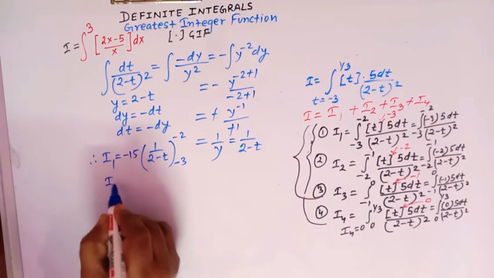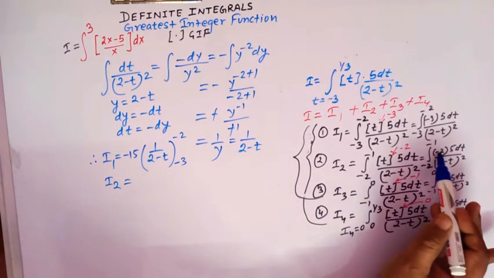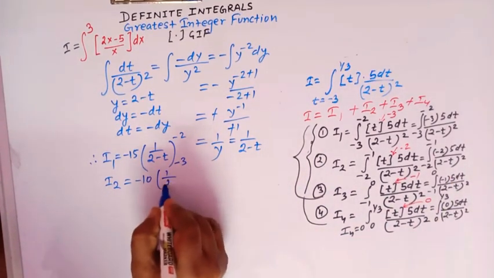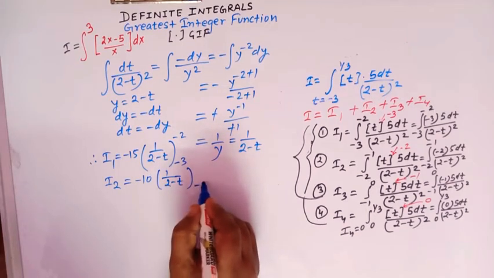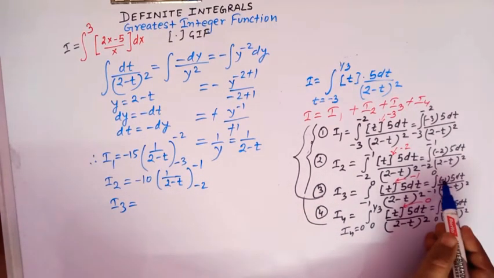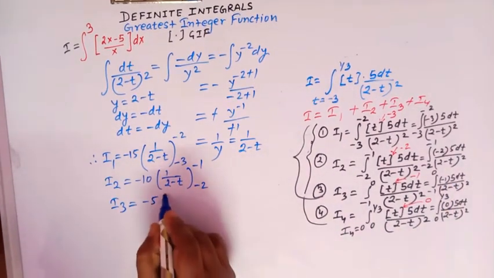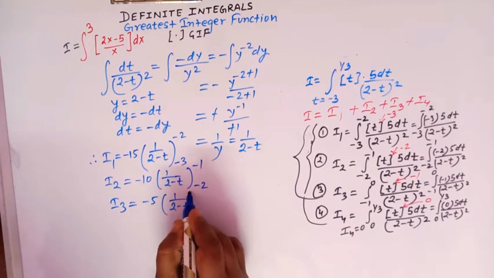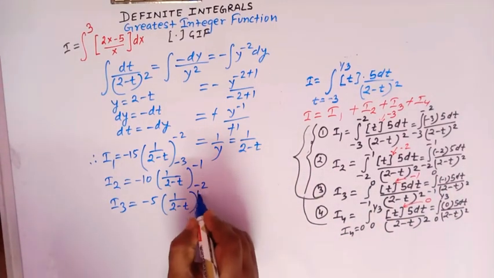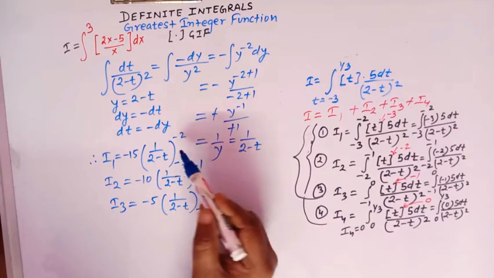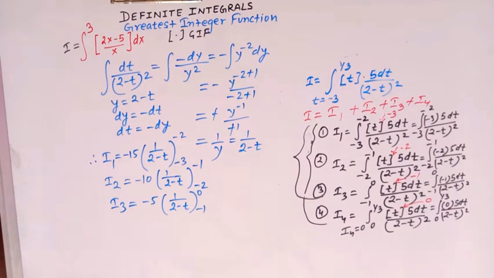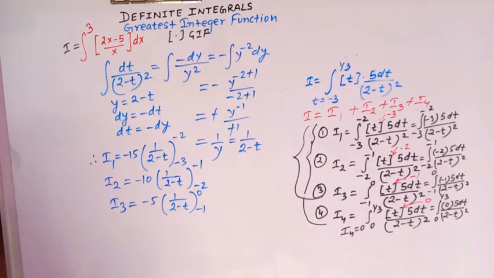Similarly, I2 is equal to minus 2 times 5, so minus 10, times 1 over 2 minus t, with limits from minus 2 to minus 1, and I3 is equal to minus 1 into 5, that is minus 5, times 1 over 2 minus t, with limits from minus 1 to 0. Now we'll substitute the limits and take the difference, and we can easily calculate the values of I1, I2 and I3.